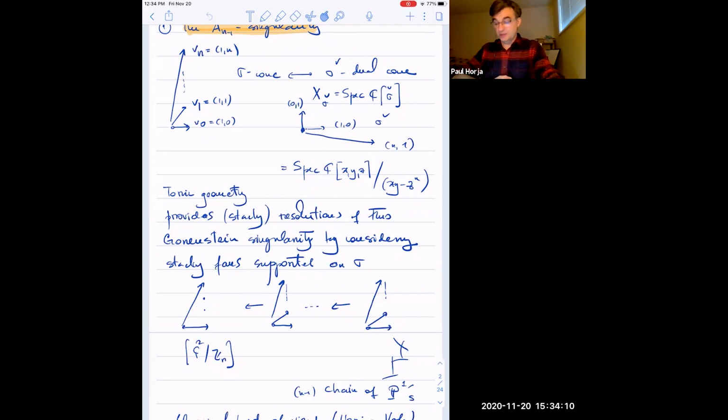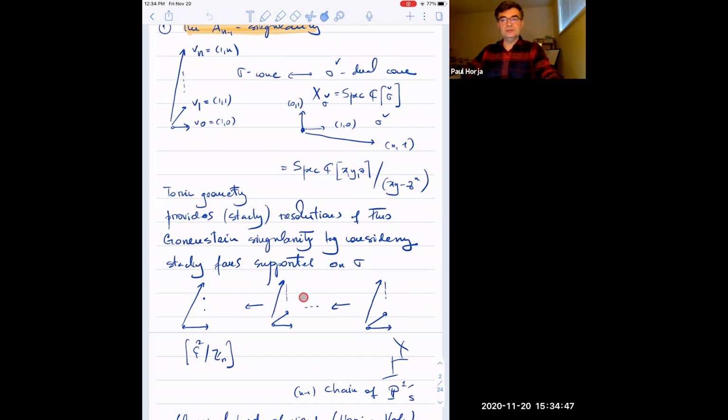But in that sense, any of the pictures here, including this one, where the fan has only one cone, is as good as this last one, where you take the full resolution, I guess an n-1 chain of P1s. And that's kind of an important aspect of this story. When we use the word resolution, we have to do it in this world of Deligne-Mumford stacks.